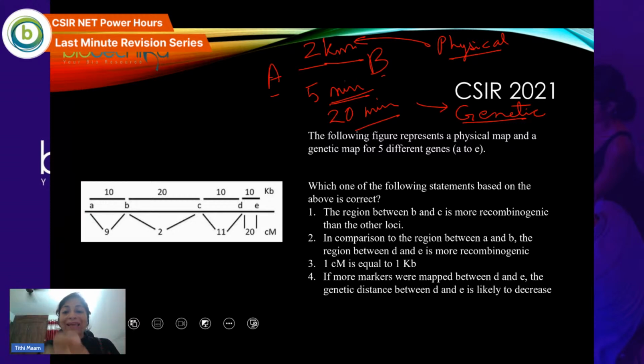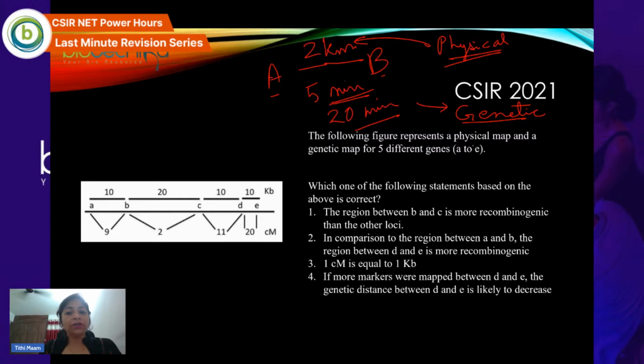Less recombinogenic means the distance between the two places is very small. If it is more recombinogenic, we will conclude that the distance is high, because a large number of recombinations are happening. But in terms of physical mapping, both may be at the same distance, the same number of base pairs. Now that you have understood the comparison between physical and genetic mapping, let's go to our question.